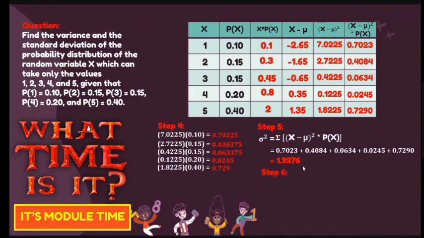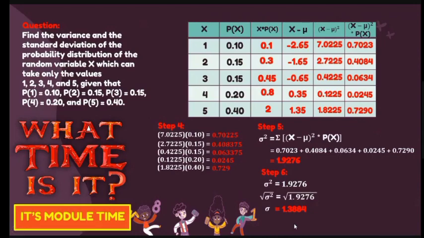Next natin, for standard deviation, consider the value of the variance. Ito yung variance natin. And then, since we are looking for standard deviation, you have to get the square of both sides. Kunin natin yung square root. So, get the square root of both sides. Then, you will arrive with the value na lang natin for standard deviation. Then, equals, get the square root of 1.9276 as 1.3884.